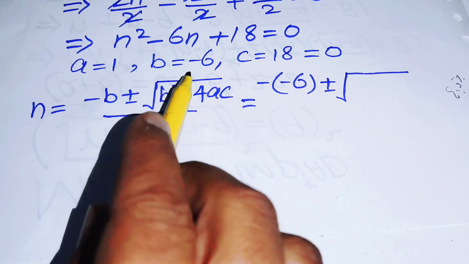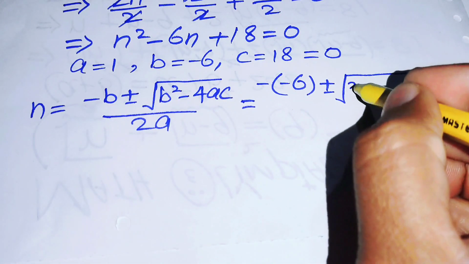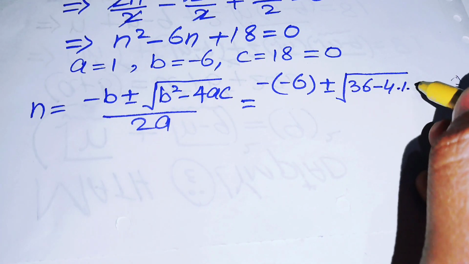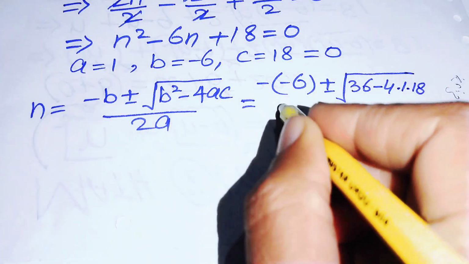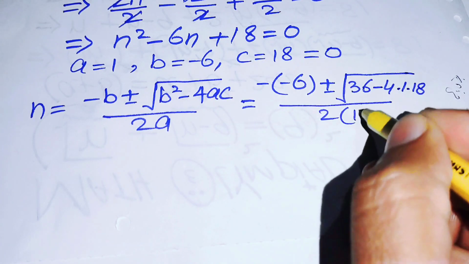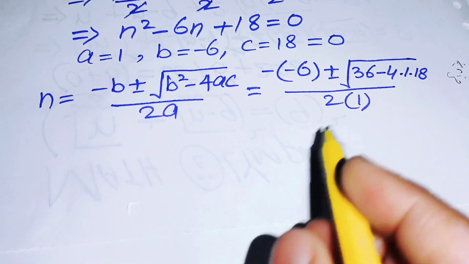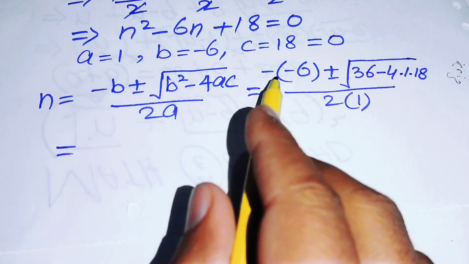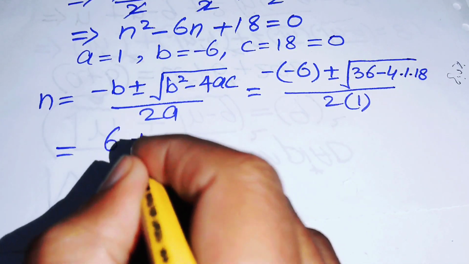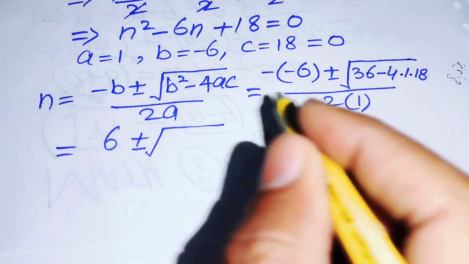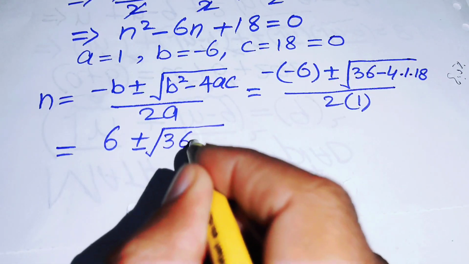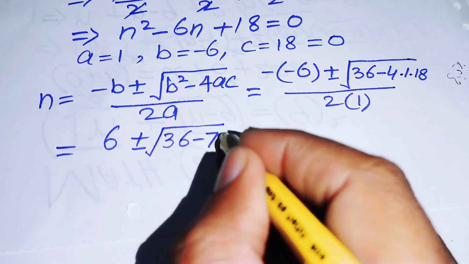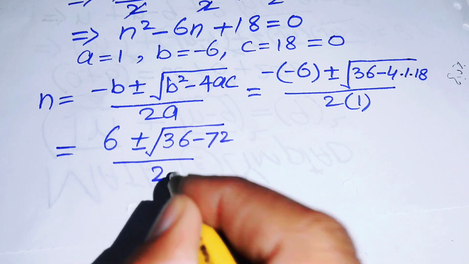Our b is -6, and (-6)^2 becomes 36, minus 4 times a, which is 1, times c, which is 18, divided by 2 times a, and the value of a is 1. So now in the next step, we multiply these terms, and we get 6 ± √(36 - 4 times 18, which is 72), divided by 2.